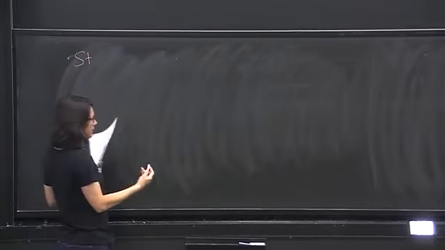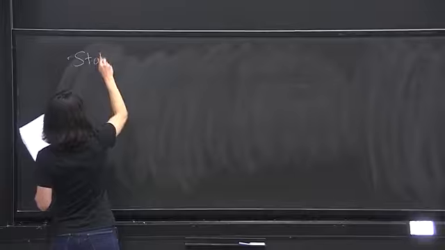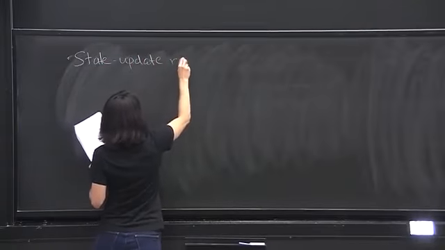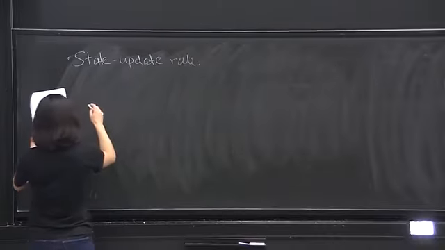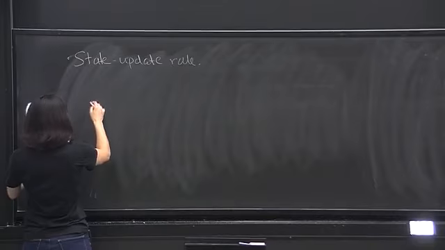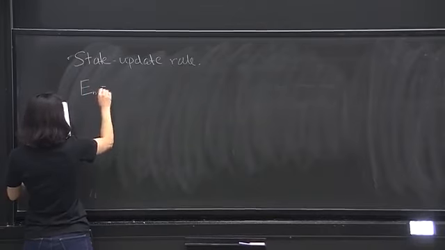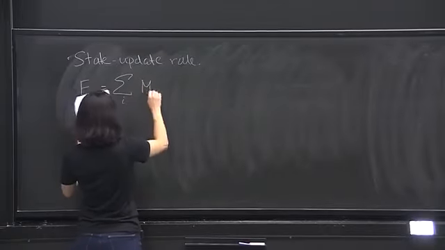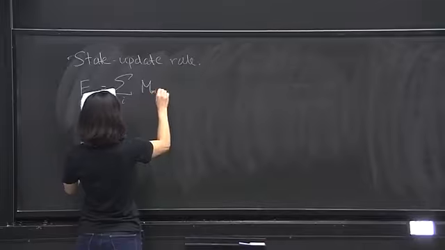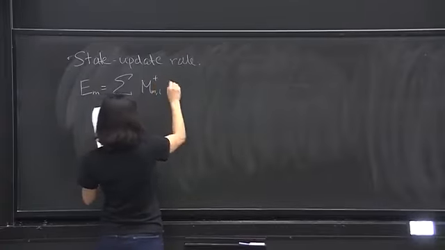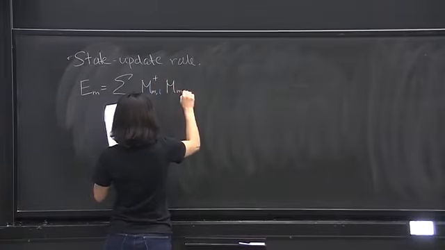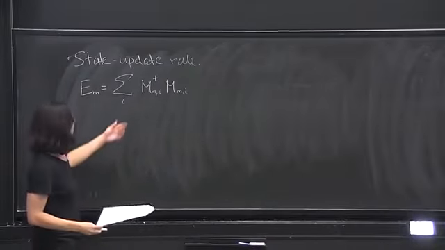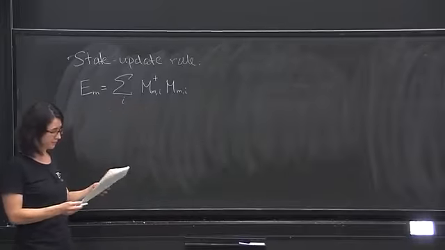And that's done in terms of these things called measurement operators. So we can decompose a POVM element as a sum over measurement operators, like this, where these measurement operators are, in general, not projectors.